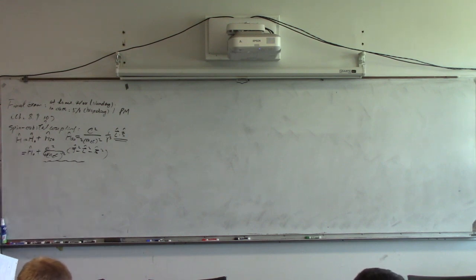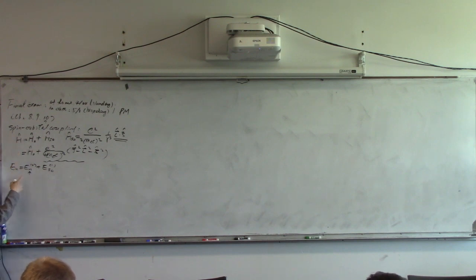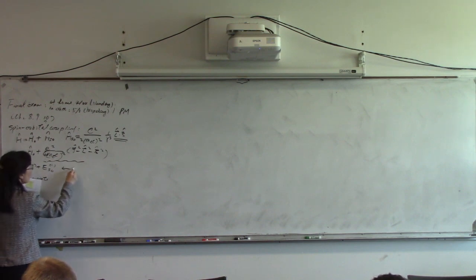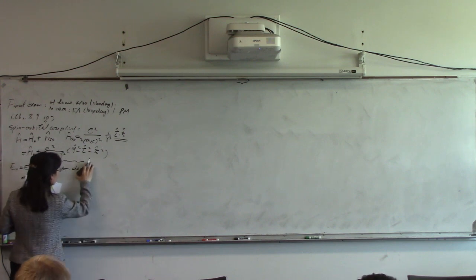Since we know the energy E_n is from zeroth order plus the contribution from this one, and here this is a hydrogen atom, so it is degenerate. So in principle this is a degenerate perturbation, right?